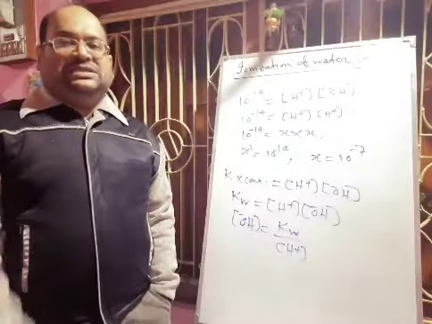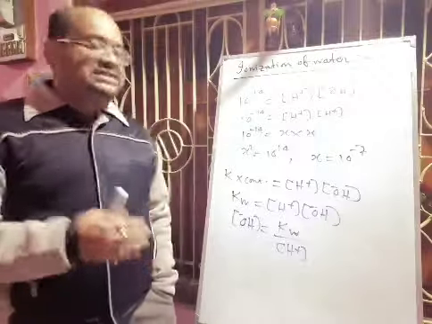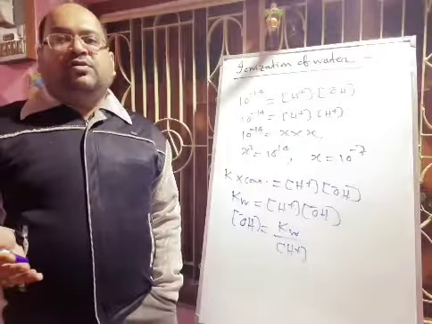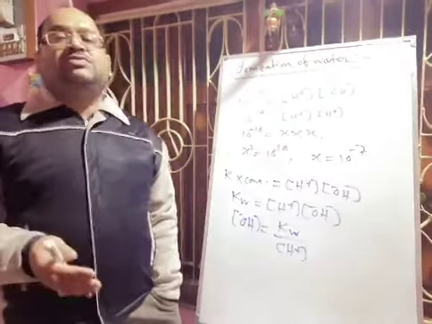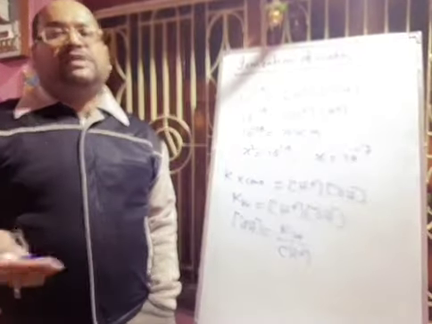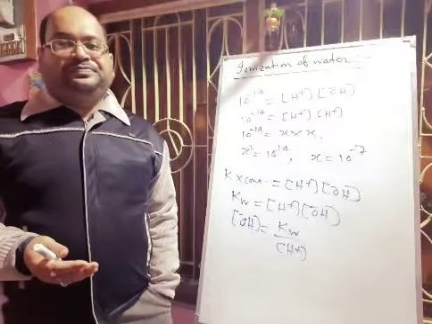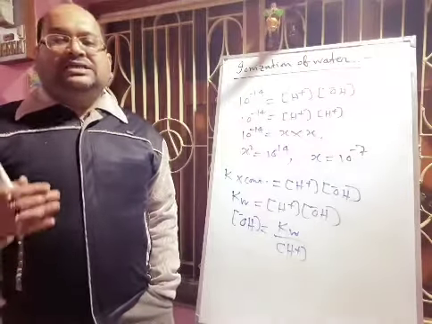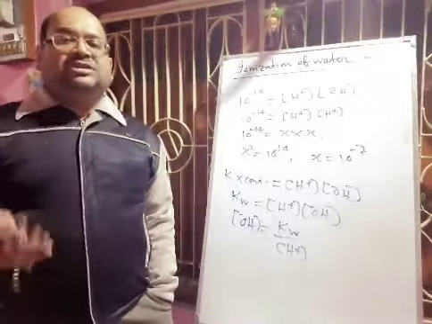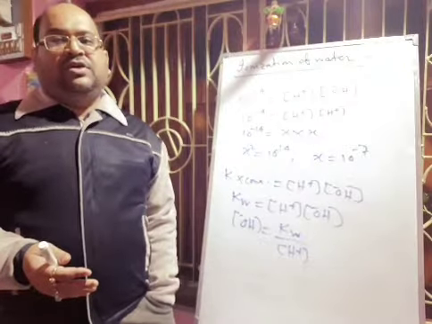So if the concentration of H plus is increased, OH minus must decrease. And if we increase the OH minus, H plus will decrease. That is why the ionic product of water is significant for the determination of concentration of H plus in aqueous solution.